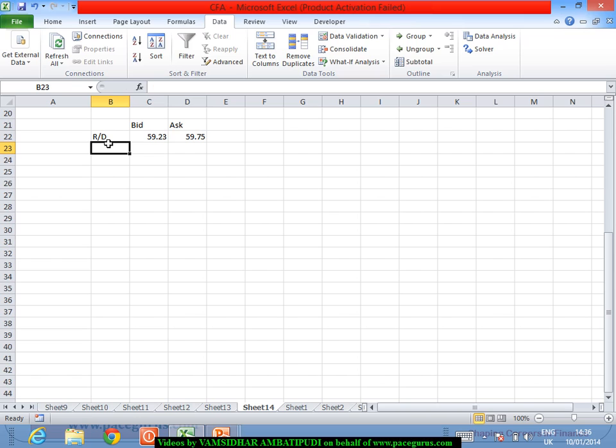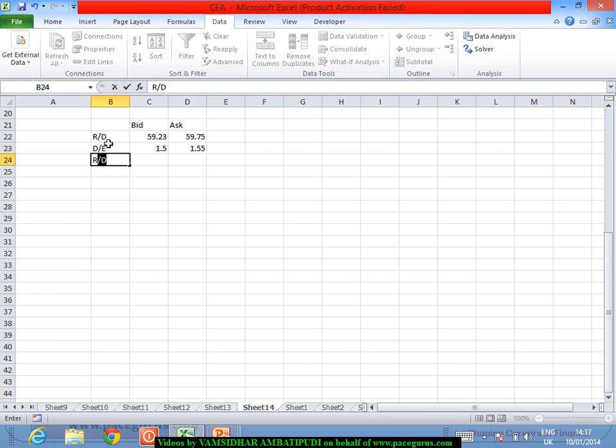Similarly, when I am doing dollar per euro, let's say I am taking 1.5 as a part of the bid, which means 1 euro is costing me $1.5, and similarly 1.55. So from a dealer's perspective, the dealer is willing to buy euro for $1.5, and he is willing to sell euro at $1.55. So that $0.05 is the spread which he would typically be looking at.